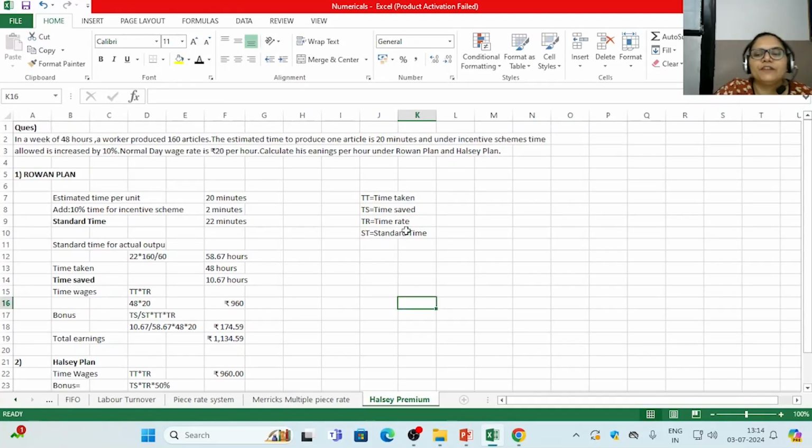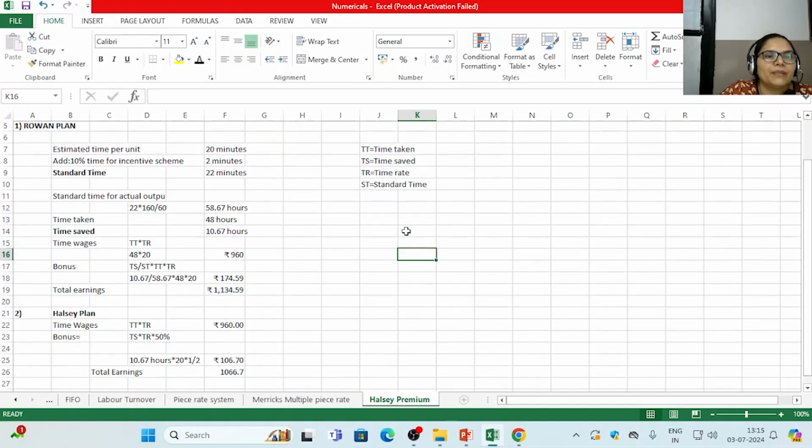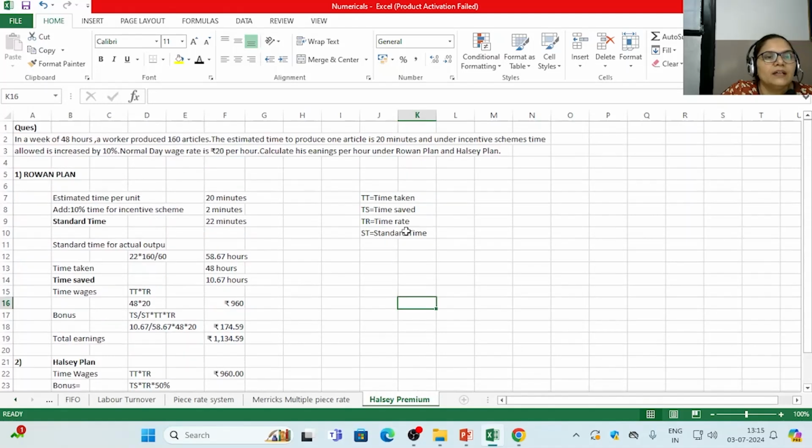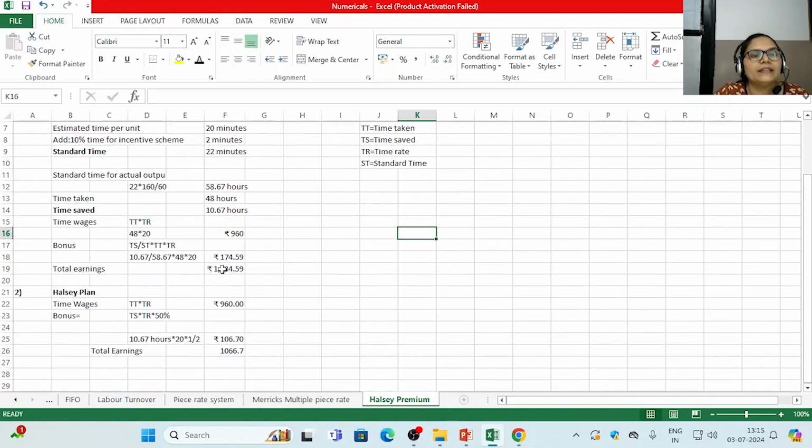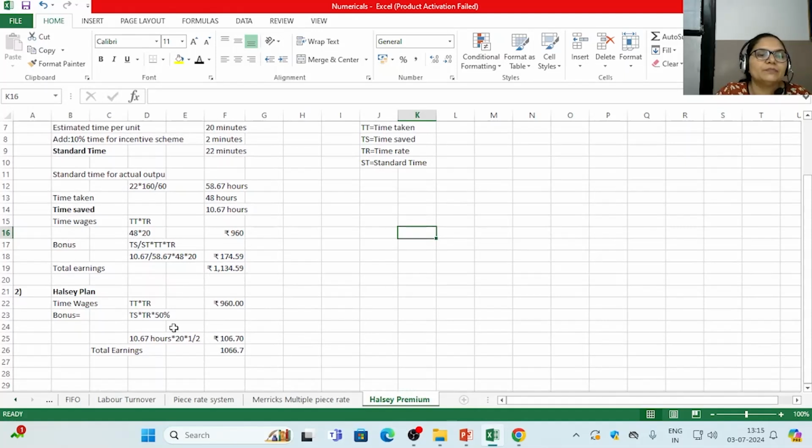So I will brief it again. We have to calculate earnings of a worker as per Rowan plan and as per Halsey plan. Before calculation, we need to be clear. In Rowan plan, the bonus is paid as a percentage of time saved, and in case of Halsey plan, it is paid 50% of time saved.